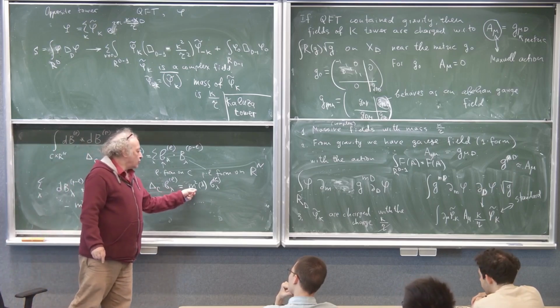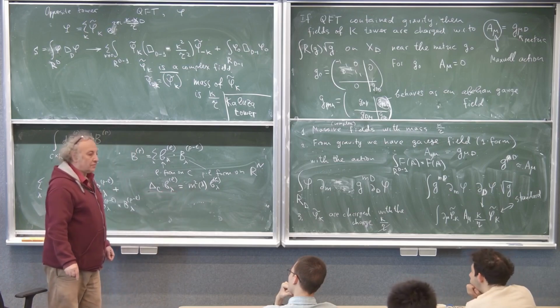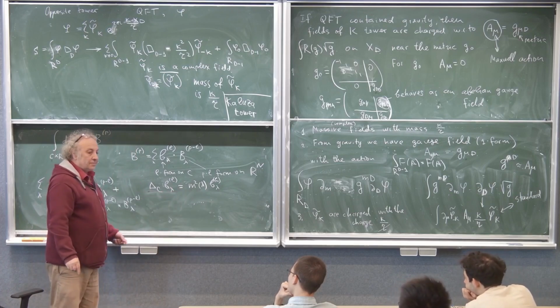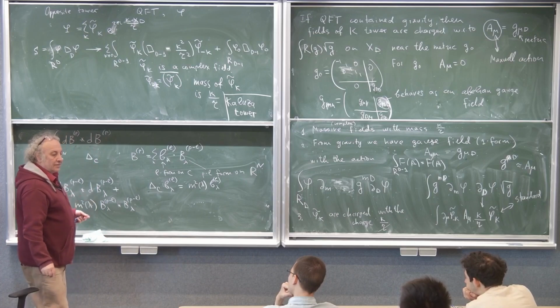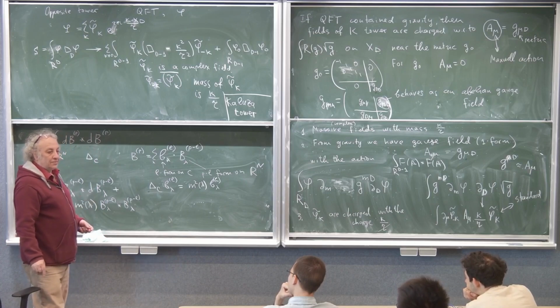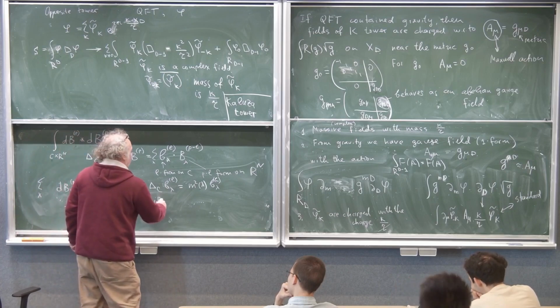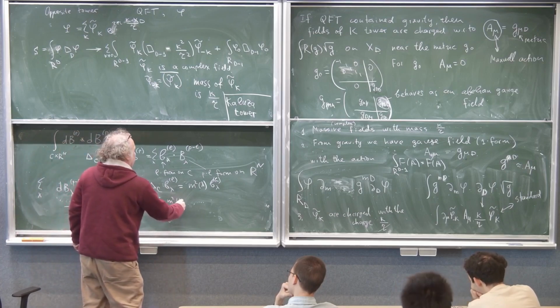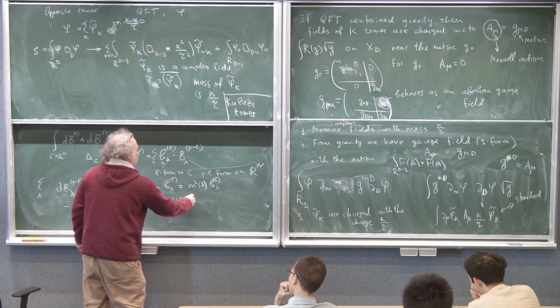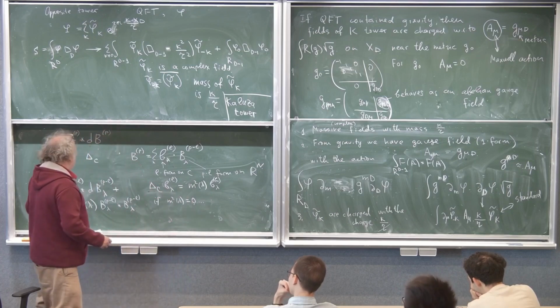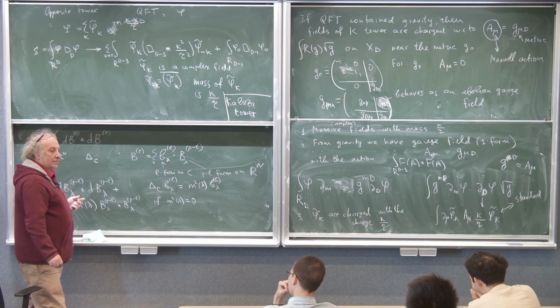So for non-zero eigenvalues, I will get massive tensor fields. However, if m squared of lambda equals 0, I will get a massless field.